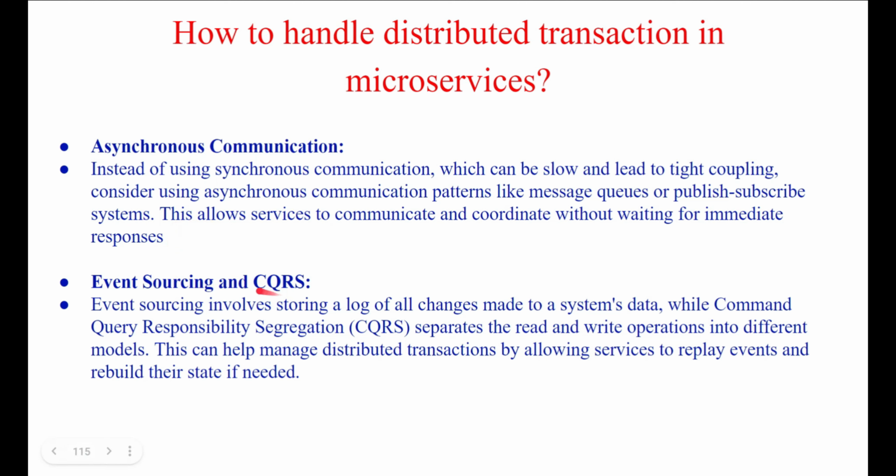Next is event sourcing and CQRS. Event sourcing involves storing logs of all the changes done to the system data. This is a separate design pattern and CQRS is a completely separate design pattern. In CQRS, you segregate the create, update and delete from the get operation. From CRUD, you have taken create, update and delete completely separate and the read operation completely separate.